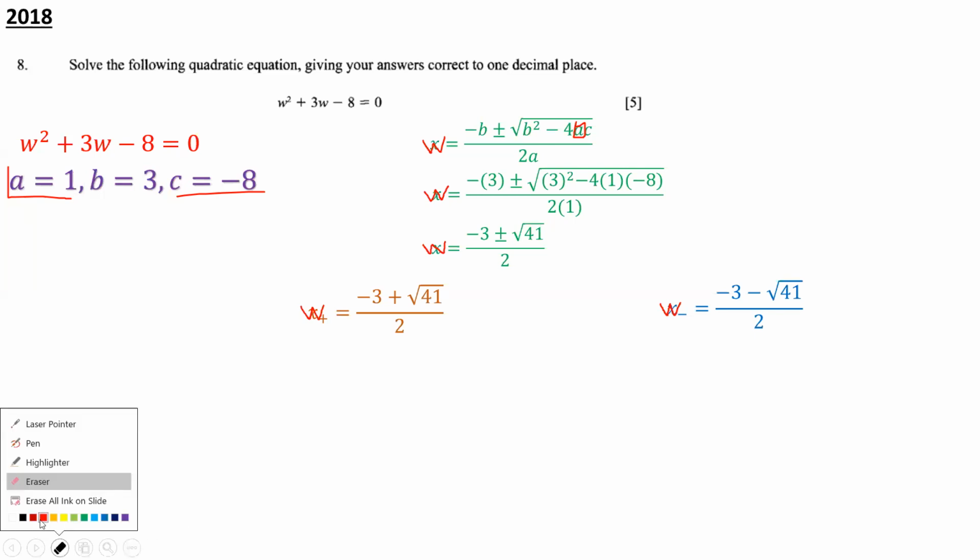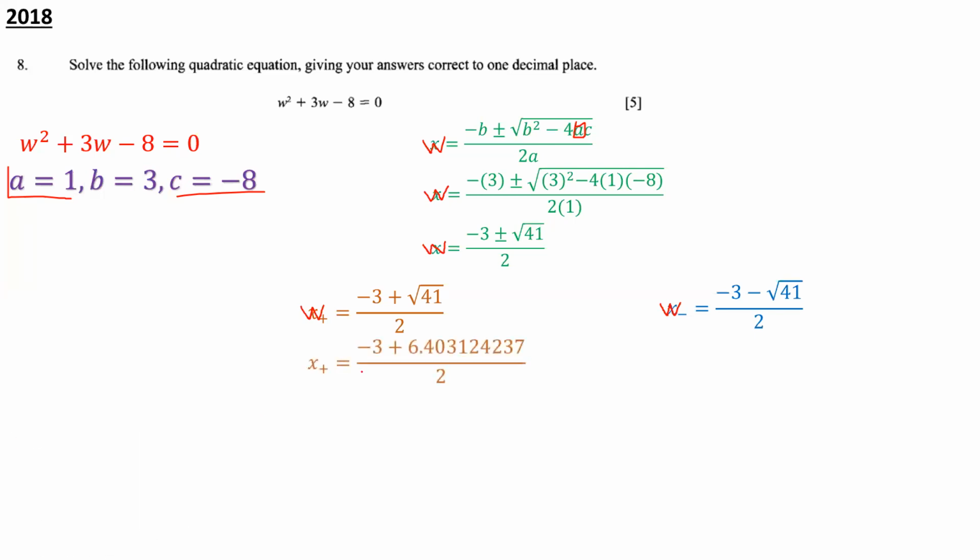So what do we have? Well, W plus is going to be equal to -3 plus the square root of 41, which is 6.403124237, all over 2. And then when we add -3 plus this quantity, we get 3.403124237 all over 2.